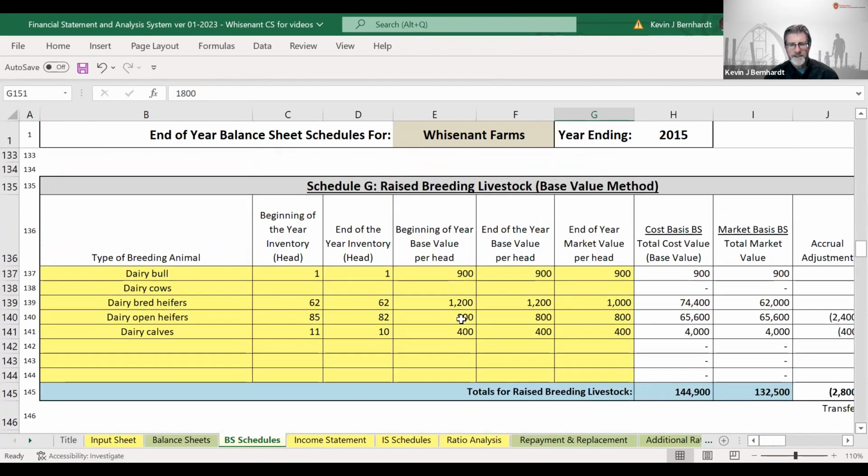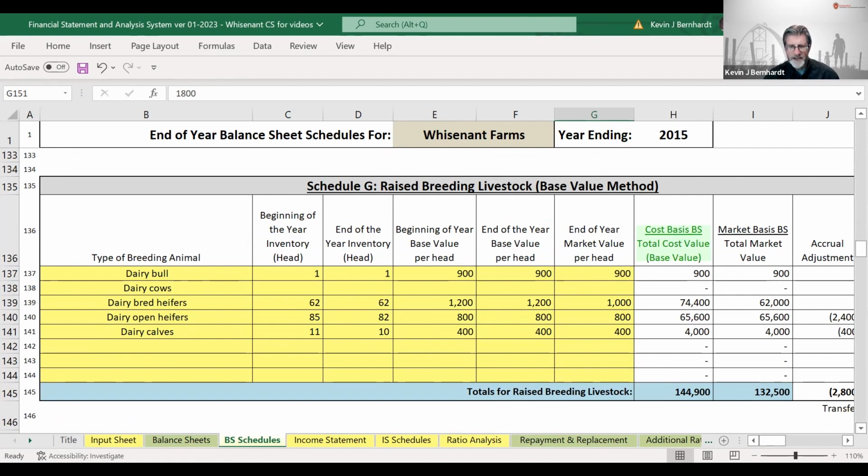All right, now let's take a look at the one that's a bit more challenging, and that's the raised breeding livestock. Raised breeding livestock, the market basis is not a problem. Market basis is going to be the same thing for whether it's raised or purchased. Doesn't make any difference in terms of what you could get for it in the marketplace today. So that part is not a problem.